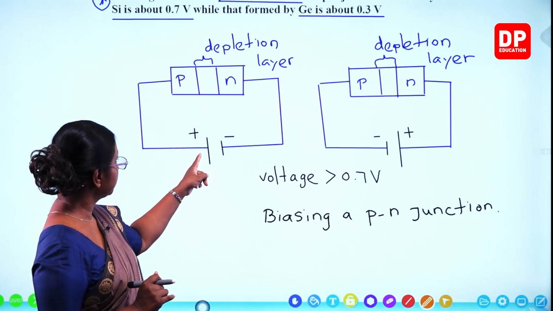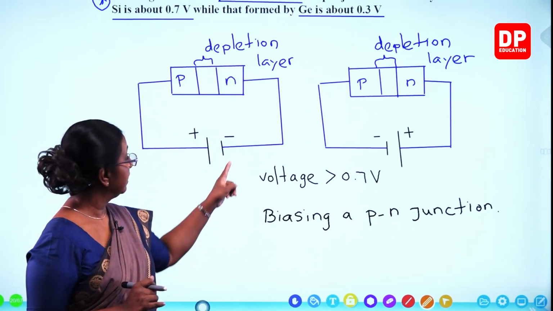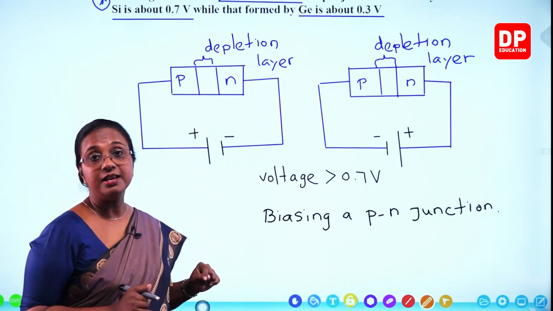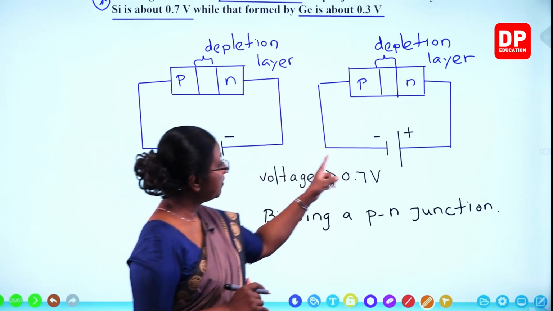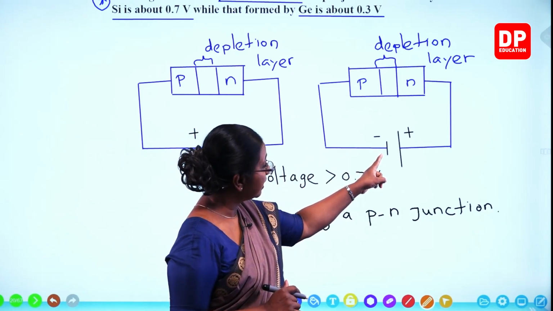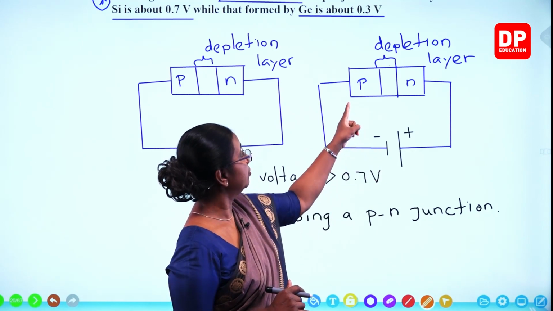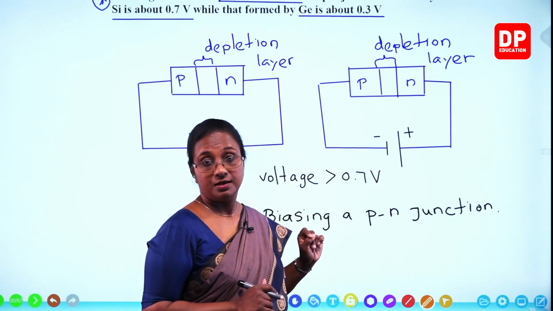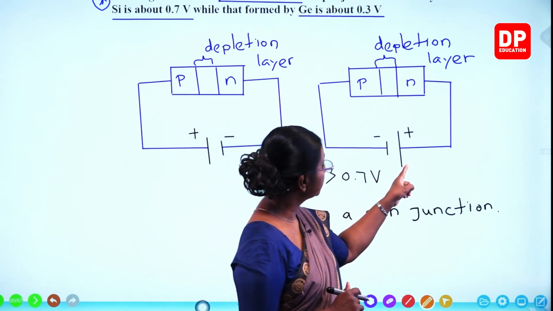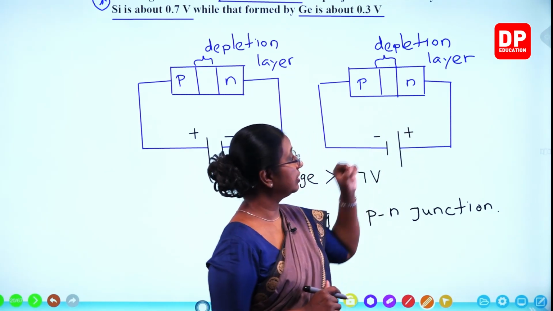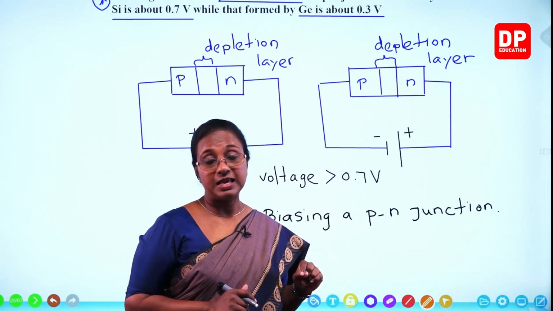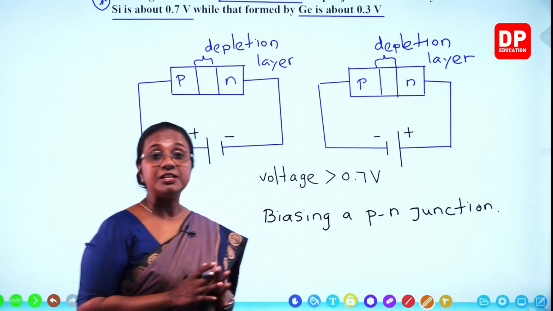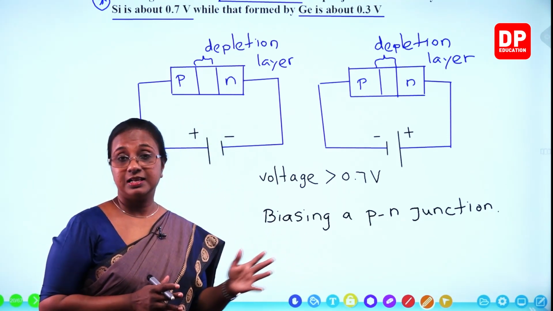We can connect the positive terminal to the P side and the negative terminal to the N region. The same way, we can connect the negative terminal of the power supply to the P side of the PN junction and the positive terminal of the power supply to the N region of the PN junction. So, we will try to understand that after this.